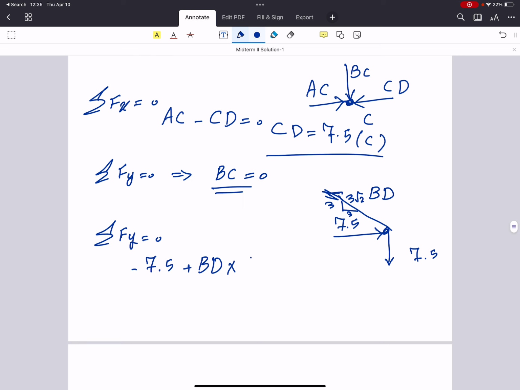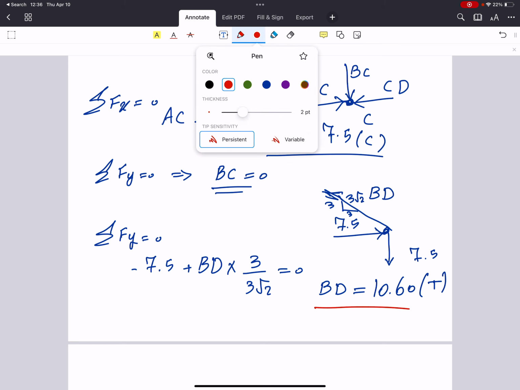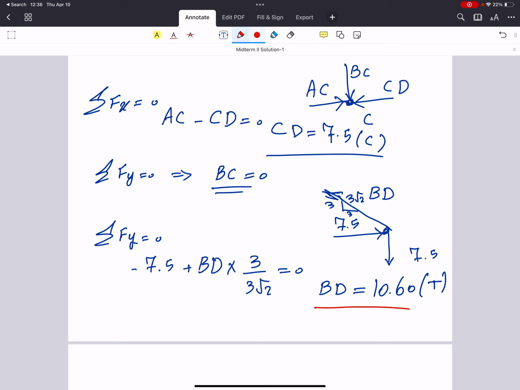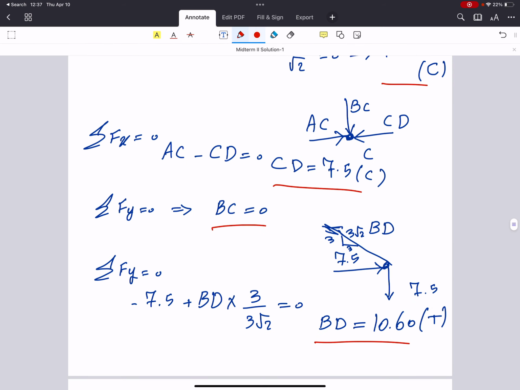So my BD is 10.67. And that is tensile. So we found all members. This one. Yes, we got all of them.